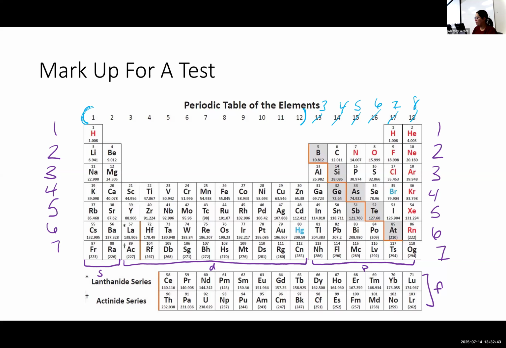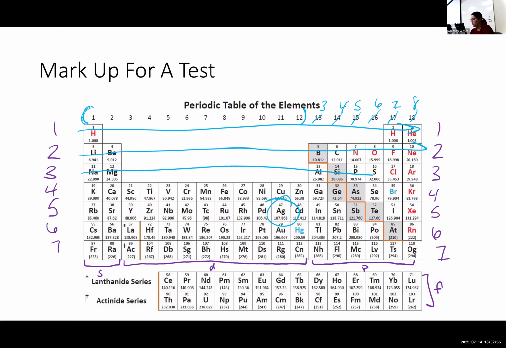How do I go from, you know, silver? Okay, so start with 1. If we have 1s2, 2s2, 2p2, 3s2, 3p2, 4s2, 3d10, 4s6, 5s2, 4d, yes, 9.